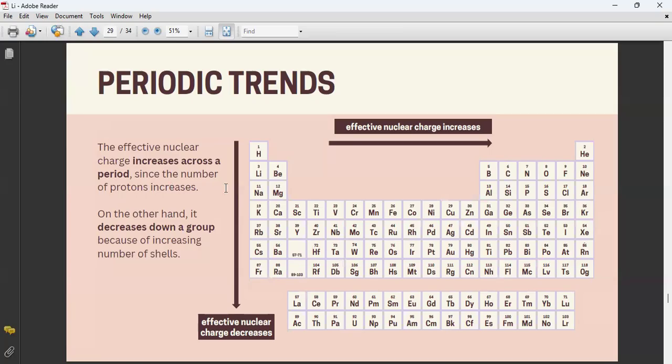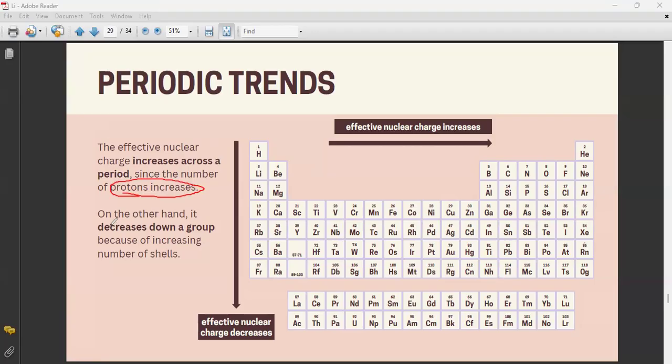As we move across the period, the number of protons increases, which means the effective nuclear charge will also increase.